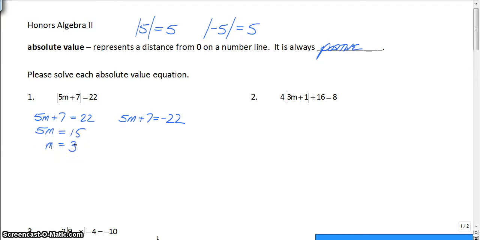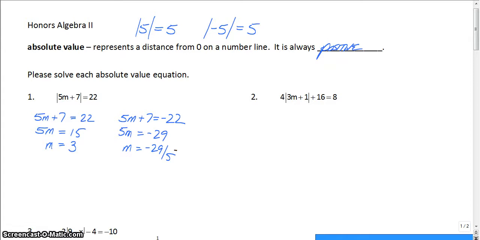So for the first one, we're going to get m equals 3. And for our second term, we're going to get a negative 29/5. If we plug both of those back in for m inside of our absolute value equation, we would get 22 for both, so they are both correct.